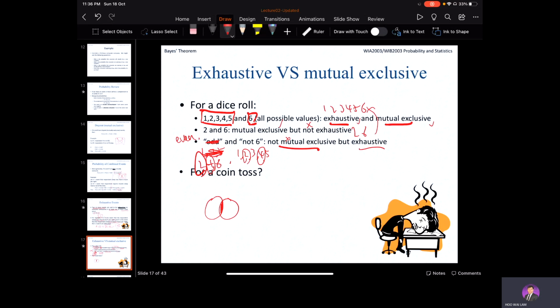Why? When you union the 2 events, you have 1, 2, 3, 4, 5, 6, so the events cover all the potential samples from your sample space. That's the reason why it is considered exhaustive. Okay. How about for a coin toss? So please think about it, yeah?